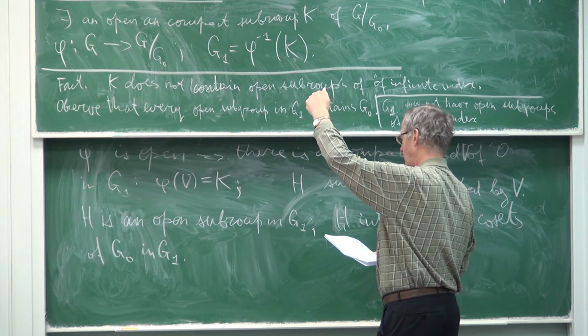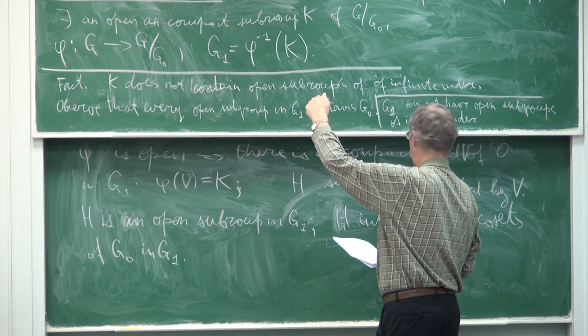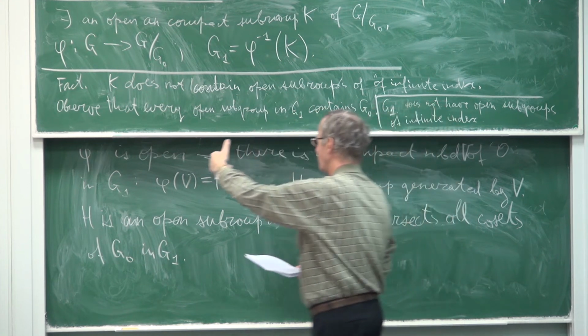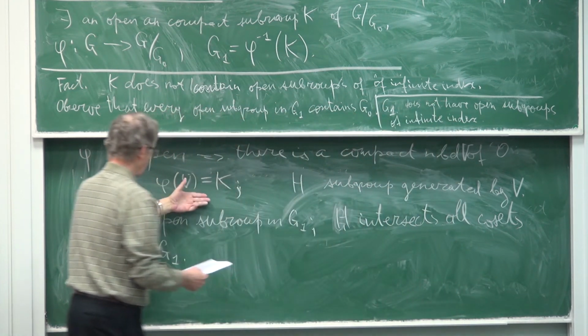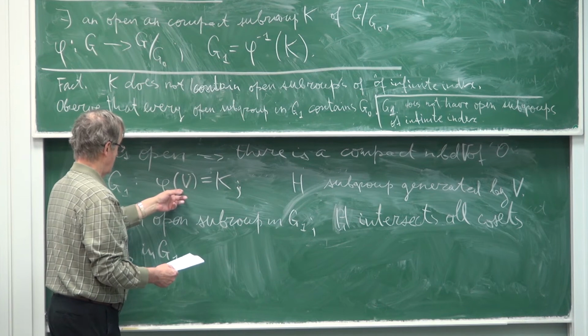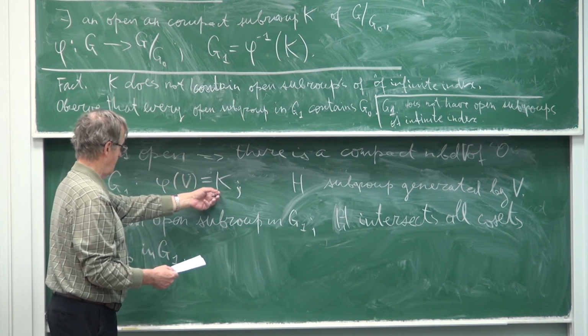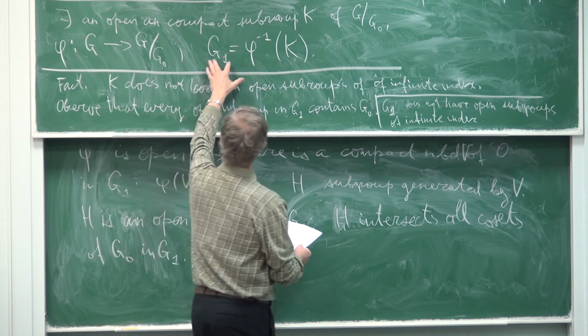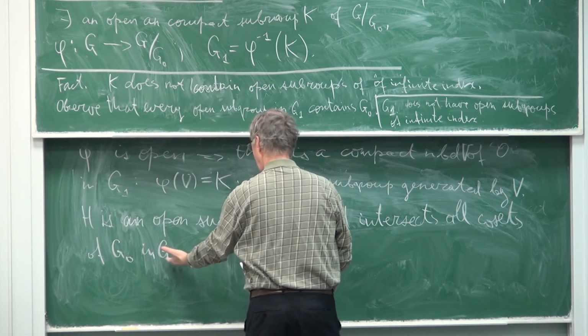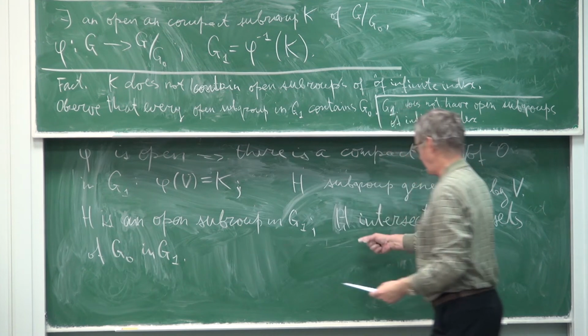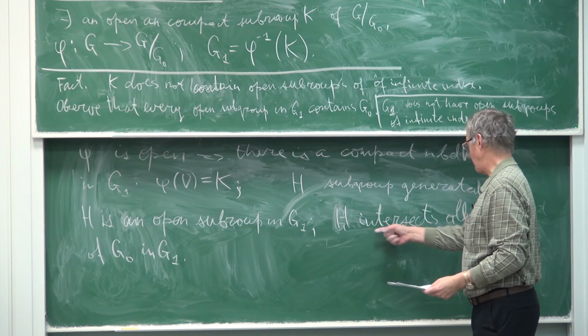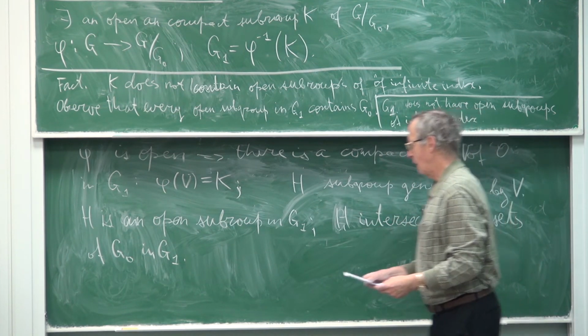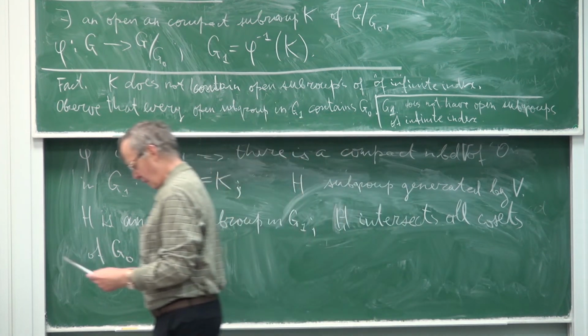And we have the relation that phi of V is equal to K, so from this and from the definition of G1, it follows that H intersects all cosets of G0 in G1.